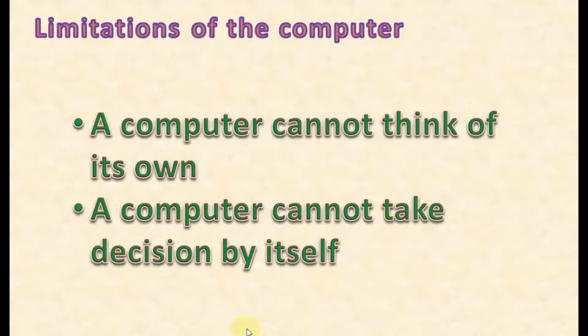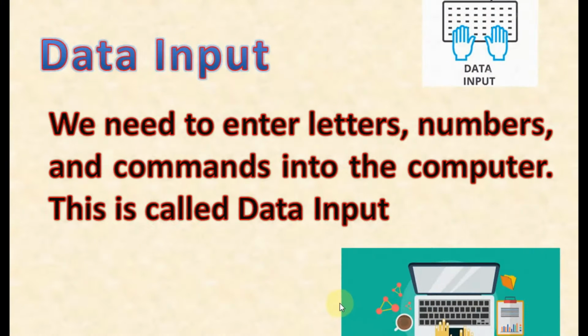Do you know that a computer cannot think on its own? Why? Because a computer cannot think and cannot take decisions as we humans do. If a computer wants to work, we need to give the input. That is considered as data input.